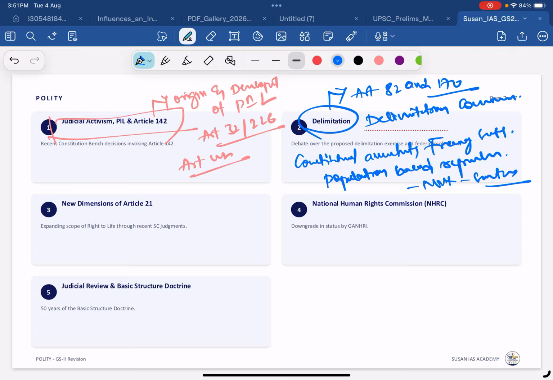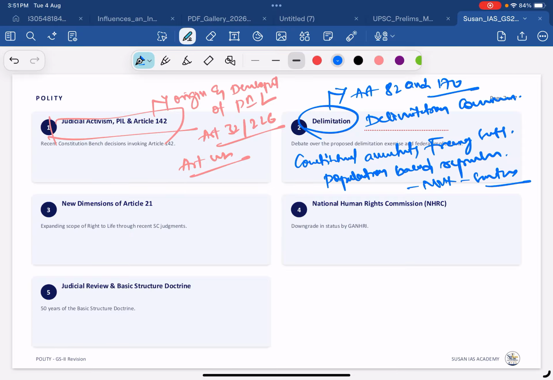So southern India is going to lose out in this delimitation exercise. There are issues like this, and the women's reservation connection, representation with population control incentives. And what are the possible reform models needed in this delimitation act? One has to cover these dimensions in delimitation so that you can score good marks in your Mains.